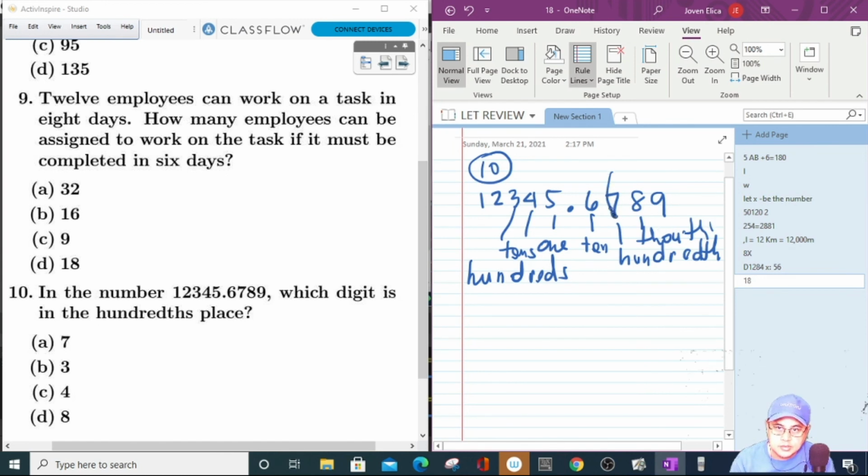So therefore, the answer is number 7. 7 is the hundreds place. From the decimal, from left to right, this is tens; from right to left, this is ones, tens, hundreds, thousands, 100,000. So 7 is the correct answer, letter A.